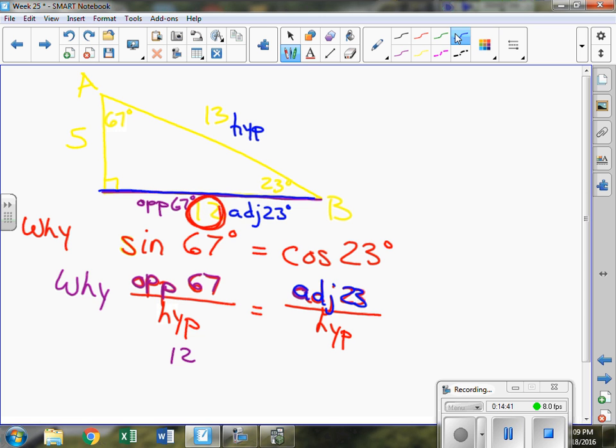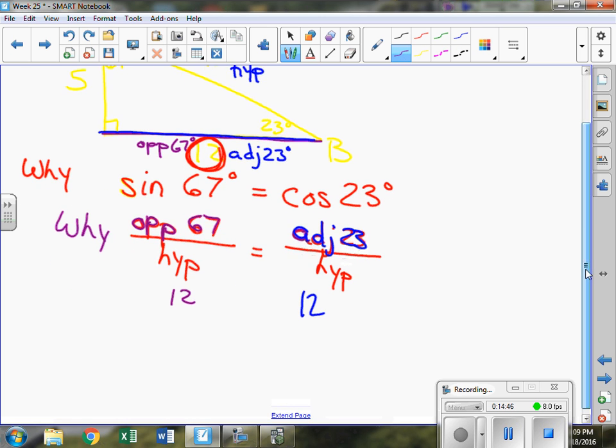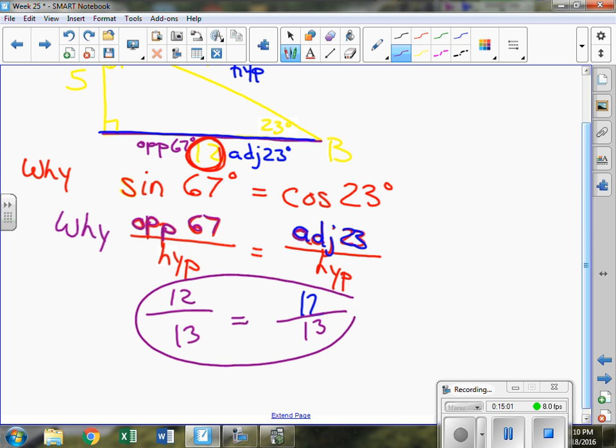When we look at verifying, opposite of 67 and adjacent to 23 are both referring to 12. Of course, both of them are using the hypotenuse of 13. So based on this work, we can verify that they're both 12 out of 13. But that's still not an explanation. Why are they the same?